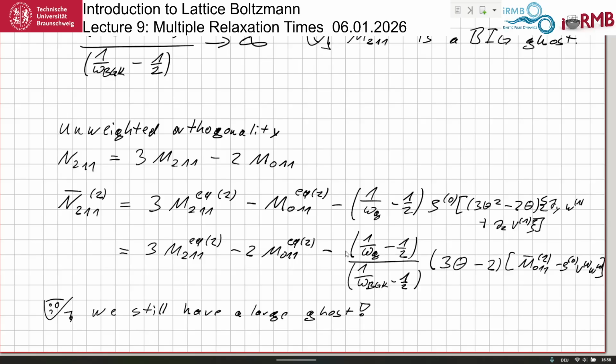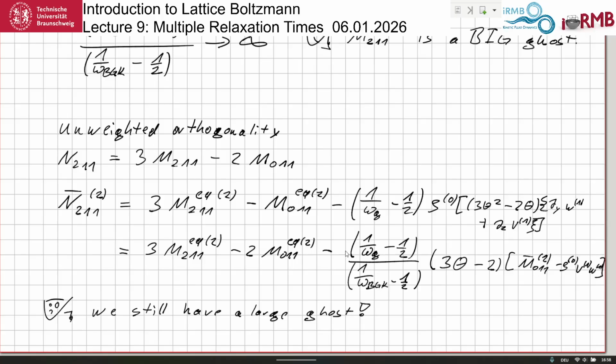So think about this poor PhD student whom the professor tells, "You want to write a paper, so there is no MRT for D3Q27. Try it out." So he tries it out, it crashes, and he doesn't know what to do because he was told you need to have unweighted orthogonality.